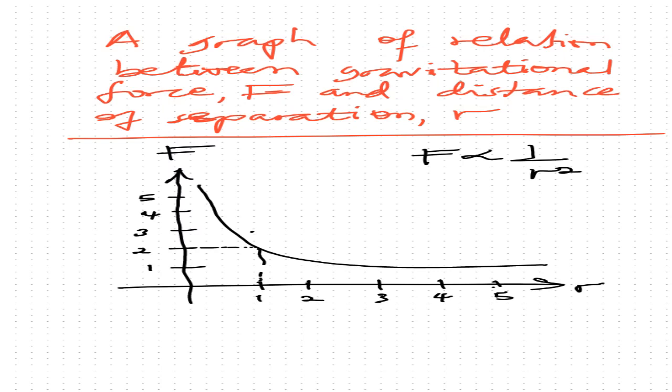Now let me increase R to 2. What has happened to my F? F is 1 point something. Now let me increase R to 3. What is F? About 0.9 or 1. Let me increase it to 4. As this one increases, this one decreases. Yes. So this is the graph of relation between F and R. All right.